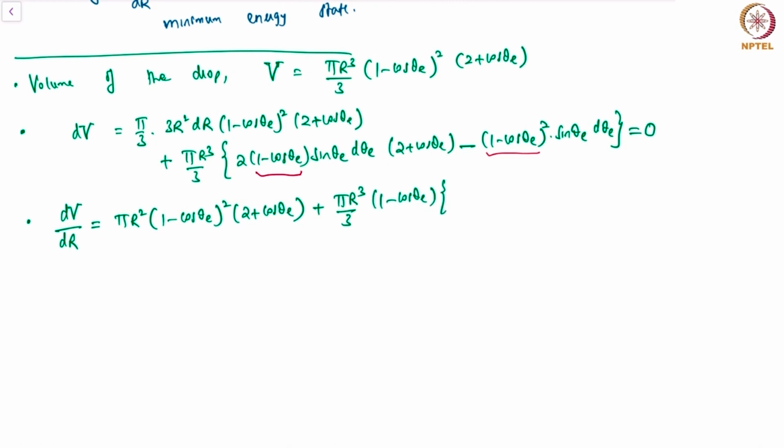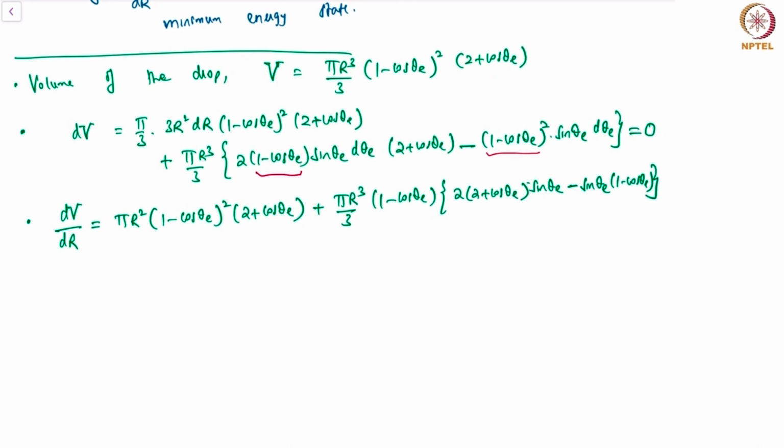We have 2 times 2 plus cos theta e times sin theta e minus sin theta e times 1 minus cos theta e.